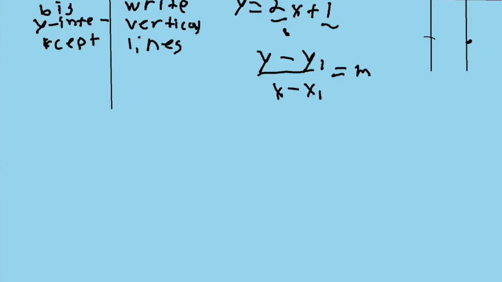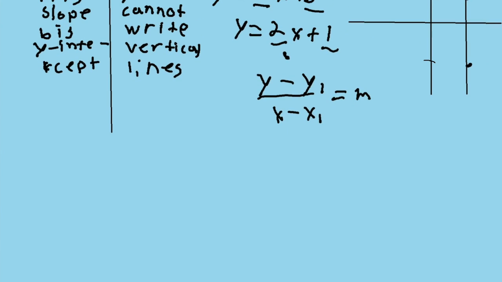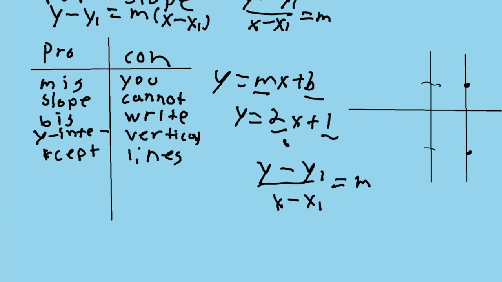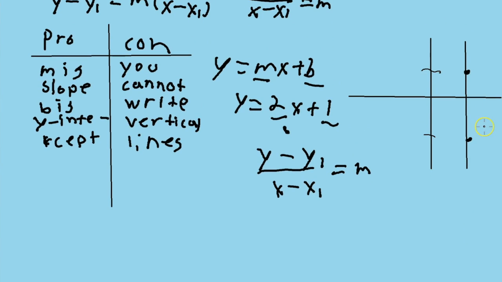Another pro for slope-intercept is that it is easier to graph compared with the other forms of linear equations. For example, you immediately get a point, which is the y-intercept, that's (0, b), and you know the slope.